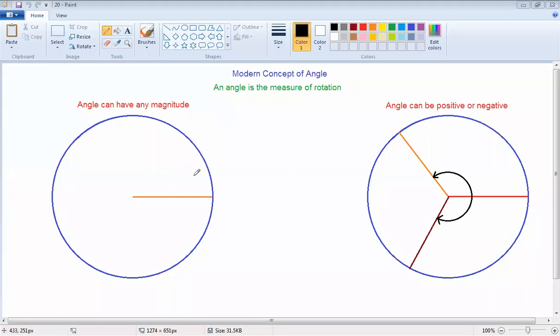You can think of a wheel. Wheel rotates. Suppose this left hand side circle is representing a wheel. There is a point P on the periphery of the wheel. As the wheel starts rotating about its center, the point will move on the periphery. So angle will be formed.